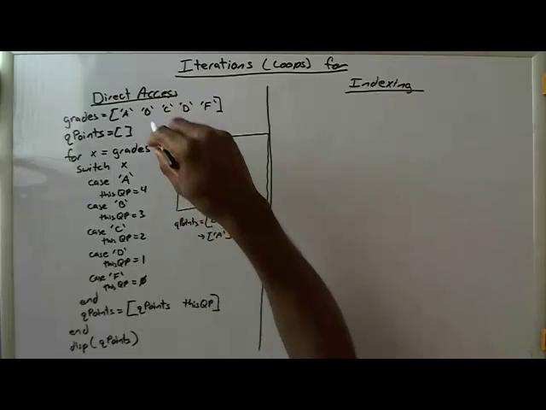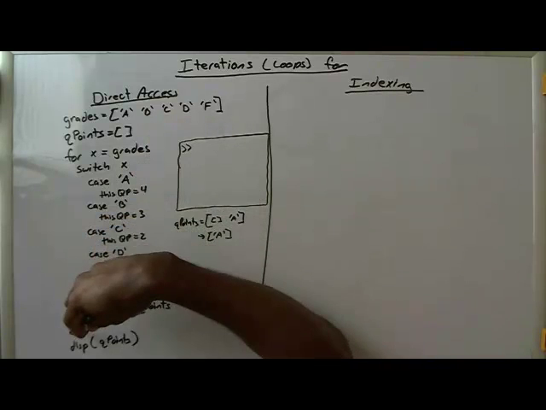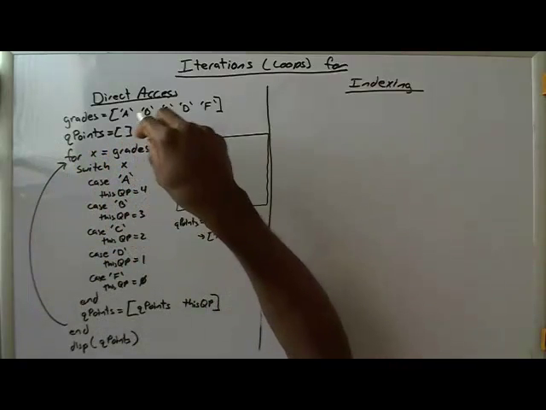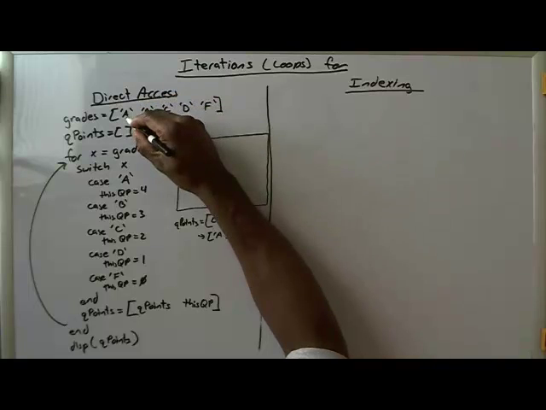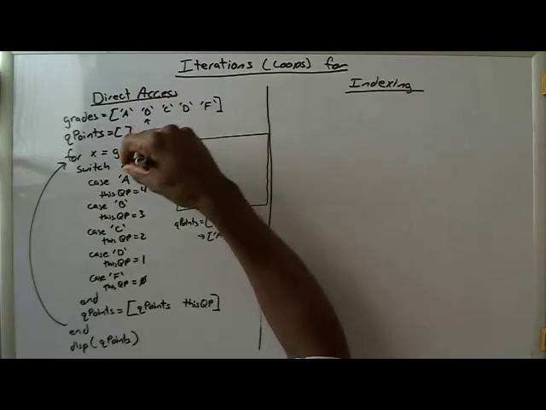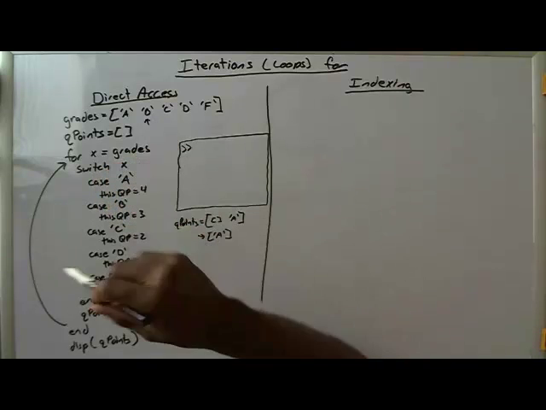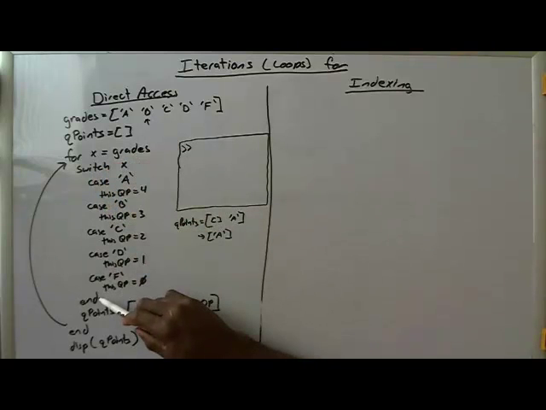Okay. Next time through, I go back up to the top of my loop. Next time through, x now equals B. So I do my case B, so this QP equals 3. So I end my switch statement.